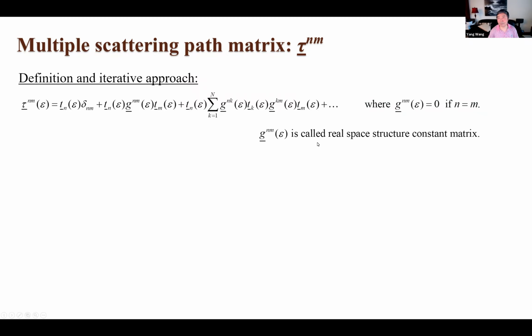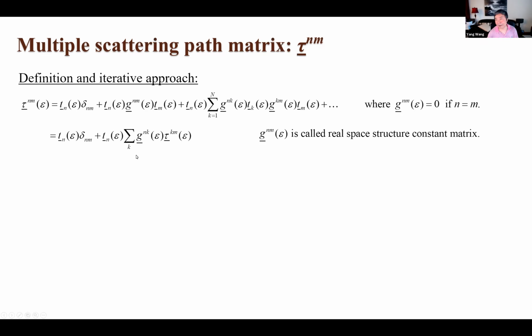We can spend some other time in the future to explain exactly how this G N M is calculated. But anyway, you can write that into this form. You can figure it out by yourself easily. You can have this iterative expression.